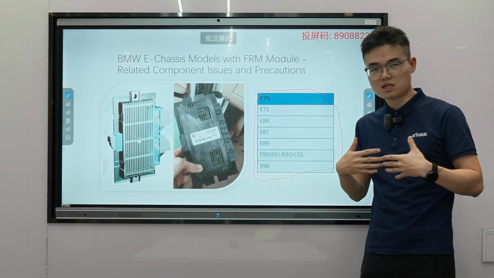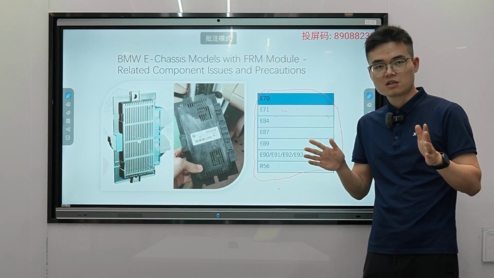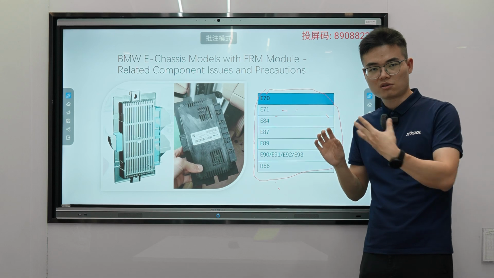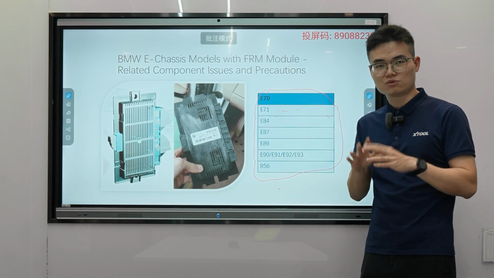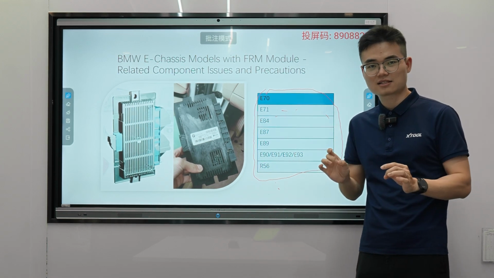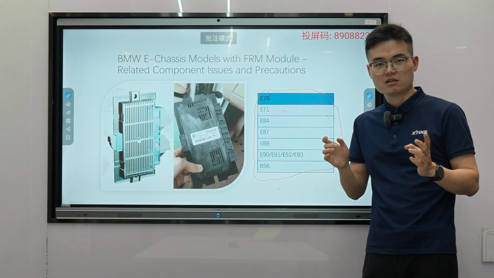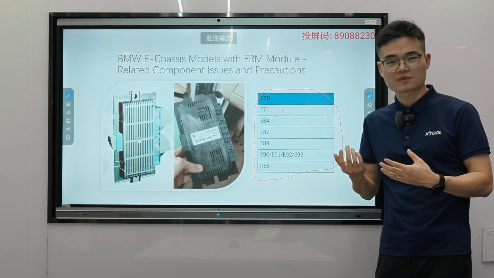So what can we do to fix it? First, we need to make sure the connections to the module are all very tight and the communication is normal. If the problem still exists, we need to consider reprogramming the module.